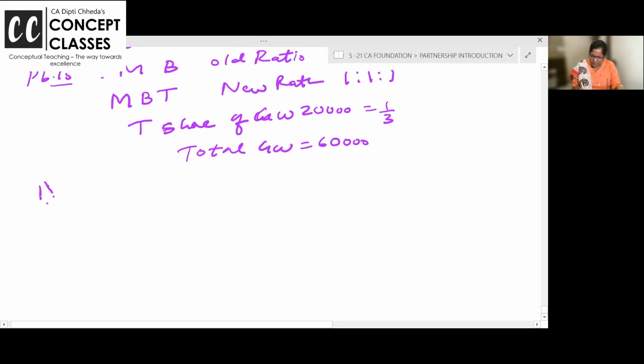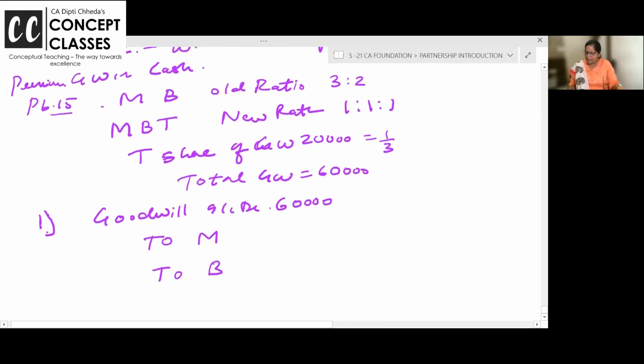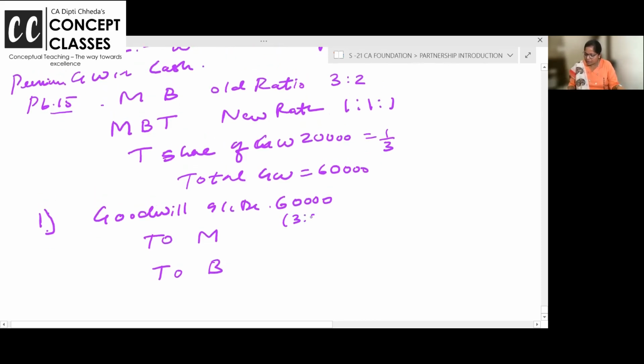First journal entry. Write down. First journal entry. Goodwill account debit 60,000 to old partners, Modi and Bodhi. In 3:2 ratio. देखो करो कितना आ रहा है 60,000 into 3/5.